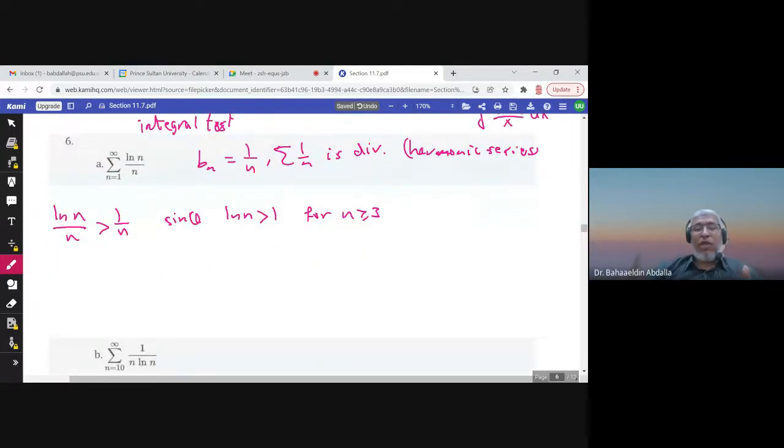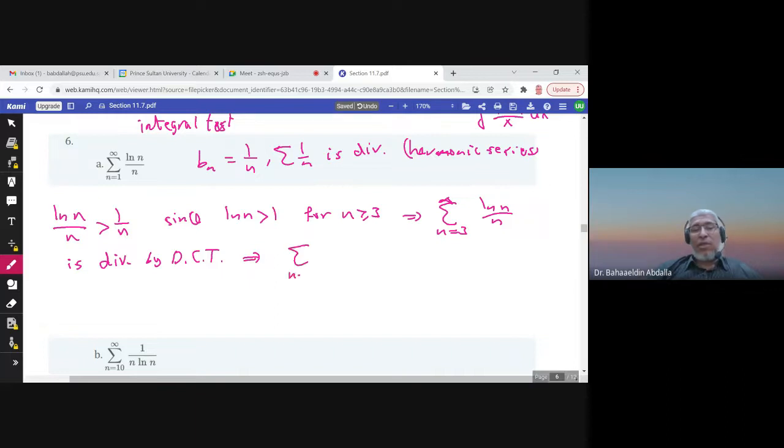Starting from 3, ln 3, ln 4, ln 5, all are greater than 1. So because of that, summation from 3 to infinity of ln n over n is divergent by the direct comparison test.